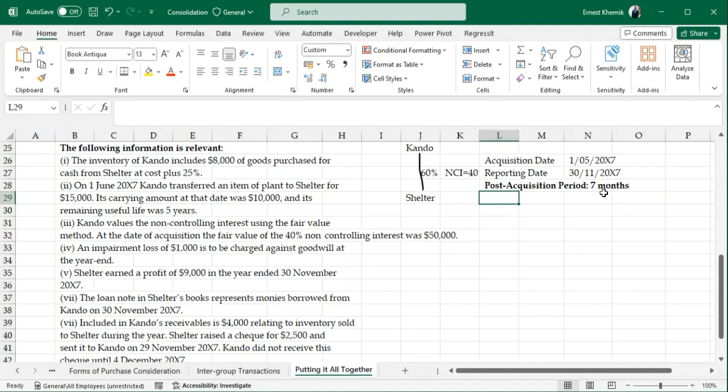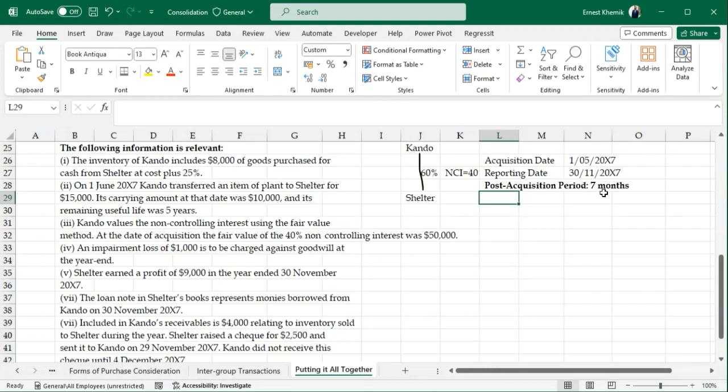But items relating to the statement of financial position only are going to be treated as a whole. Why? Because the statement of financial position is prepared at a particular date, whilst the statement of profit or loss is prepared for the entire period. We are going to the statement of profit or loss consolidation, so we will get there, but I want to explain this because it's going to be relevant in our work in this video.